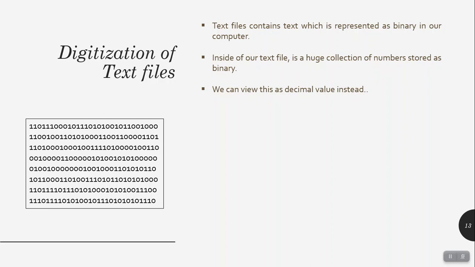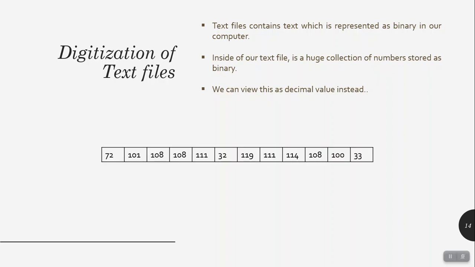We can view this as a decimal value instead. So we can convert this into decimal values to lessen the complexity of that binary collection of numbers. Let's assume that once we convert this binary number into decimal, it would result in something like this, a collection of decimal values.